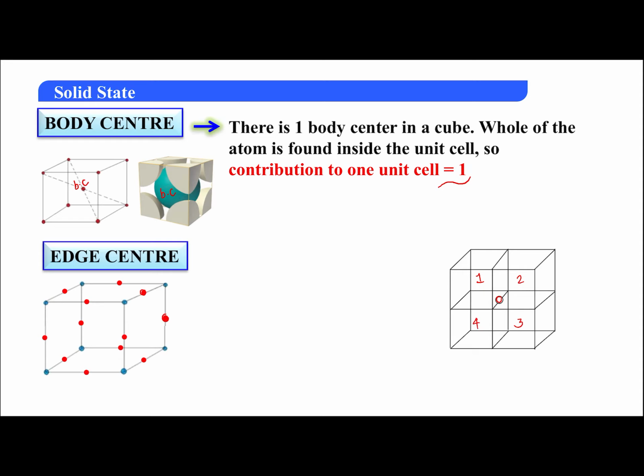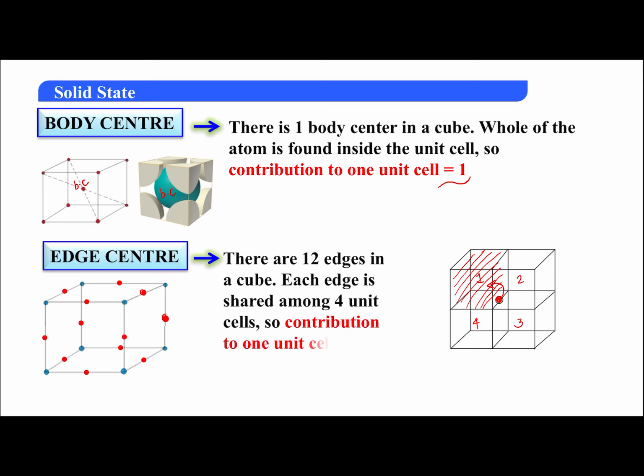That means the contribution of this edge center to the first unit cell will be 1/4. There are 12 edges and each edge is shared by 4 unit cells. The contribution is 1/4.